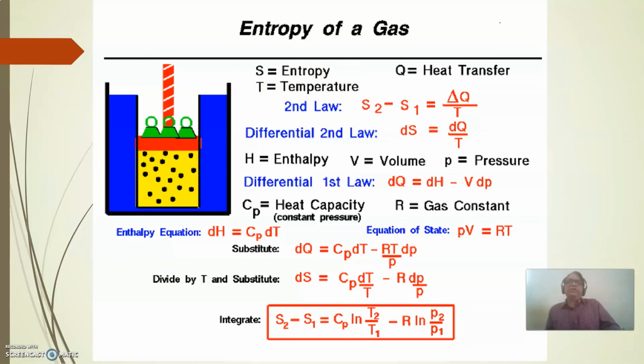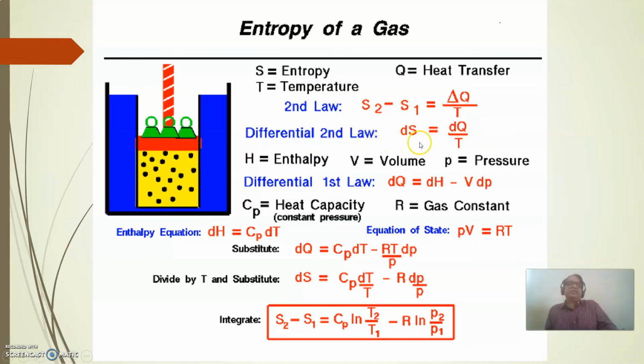The unit of entropy is kilojoule per Kelvin. T is the temperature, Q is the heat transfer. And the second law says that the change in entropy is equal to dq upon T, the change in entropy before adding and after adding.